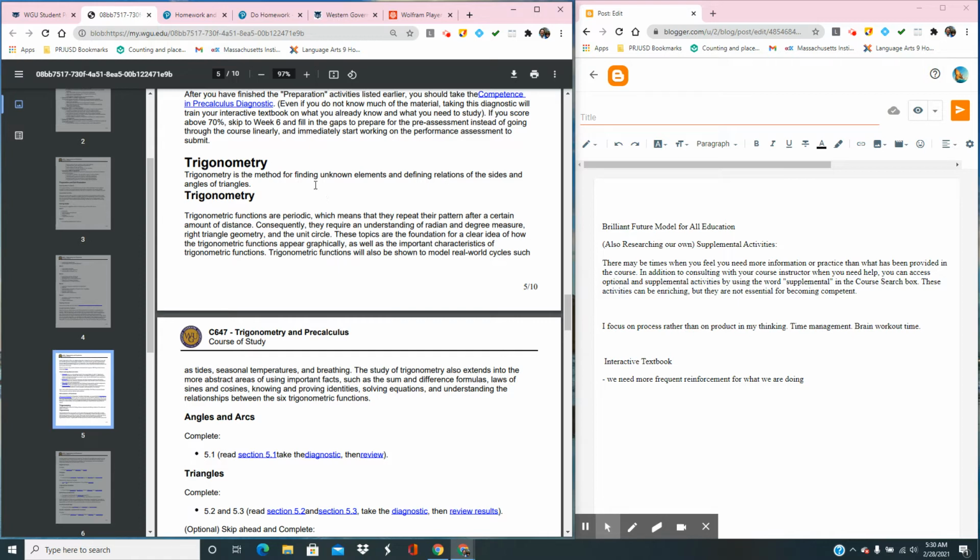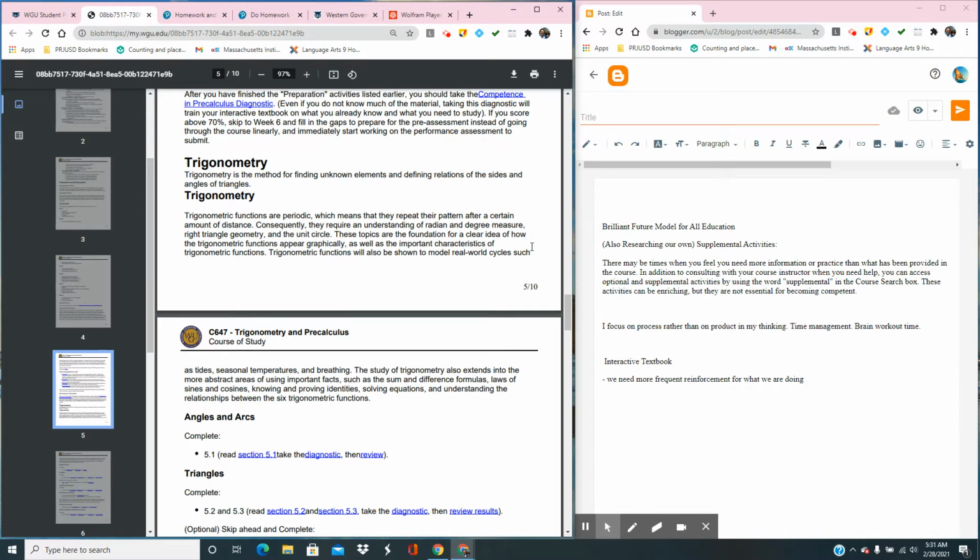Trigonometry is a method for finding unknown elements and defining relations of the sides and angles of triangles. Okay. Trigonometric functions are periodic, which means they repeat their pattern after a certain amount of distance.